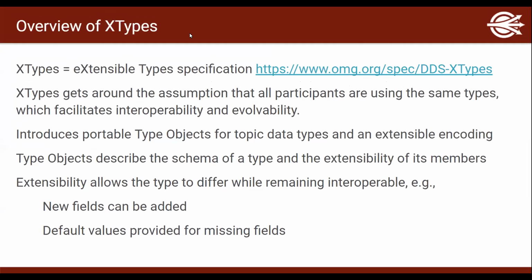To really start talking about dynamic data, we need to start at XTypes. XTypes stands for extensible types, and the specification is given there in the link. XTypes gets around the assumption that all participants are using the same types. The point in doing so is that it allows us to be more interoperable and evolvable.